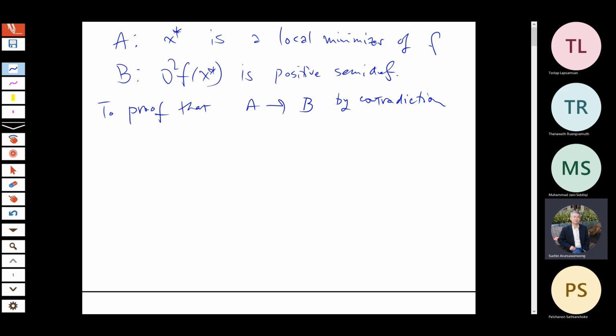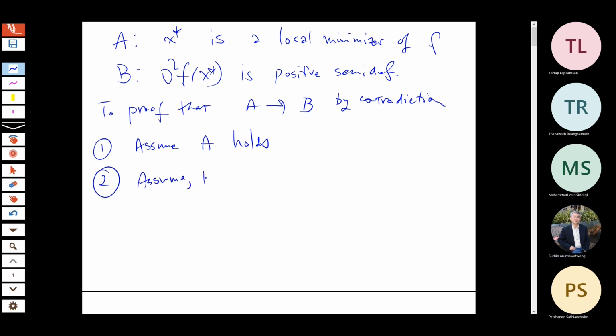So how do we start here? We have to make two assumptions. First, assume A holds. And two, assume by contradiction that B is false.